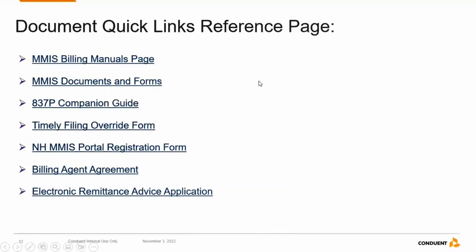Your MMIS documents and forms page, your 837P companion guide, which goes over submitting EDI files and the different loops and segments that would be required for that. Your timely filing override form, the portal registration form, which is what you'd use if you were to lose access, you could regain it this way. The billing agent agreement, and the electronic remittance advice application as well.